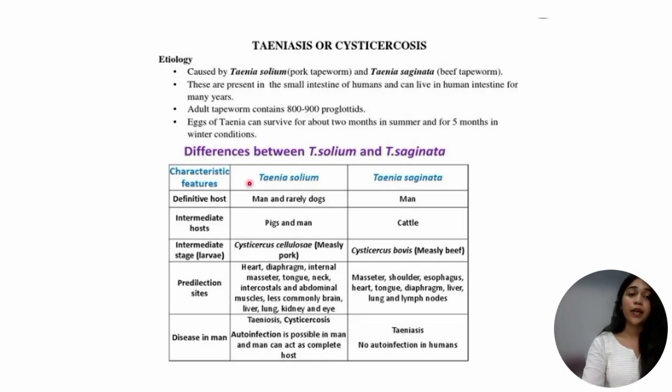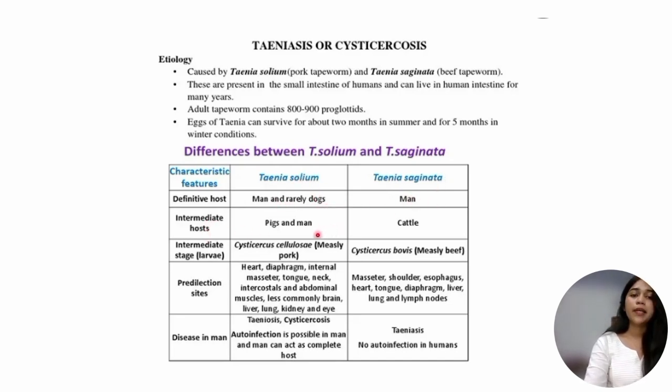Now we are going to see the difference between Taenia solium and Taenia saginata. We said already Taenia solium is the pork tapeworm and Taenia saginata is the beef tapeworm. They can be present for many years in our small intestine. The definitive host of Taenia solium is man and rarely dogs; for Taenia saginata it is only man.